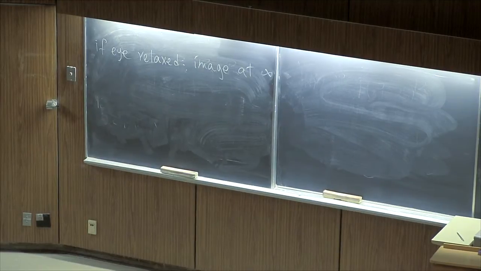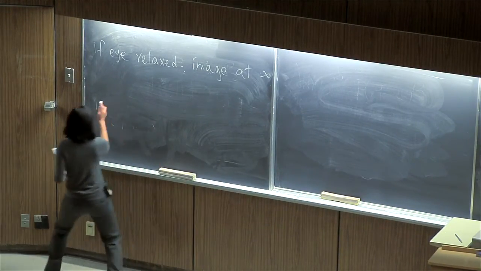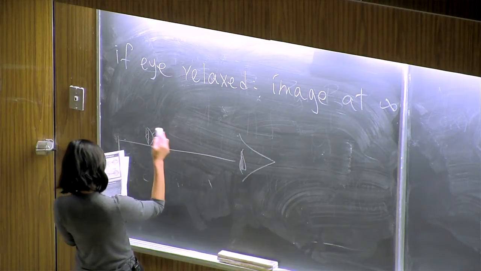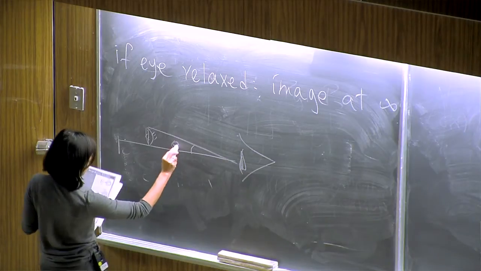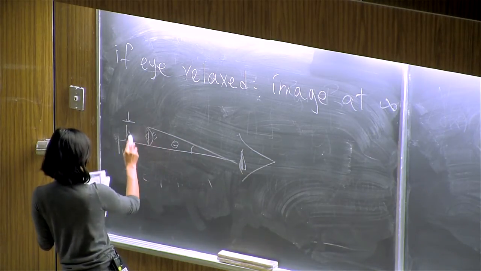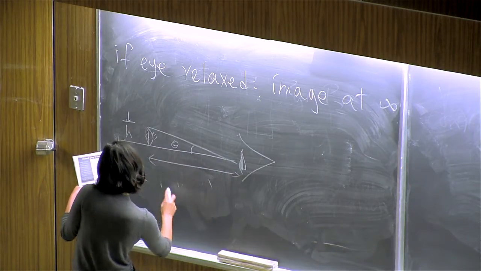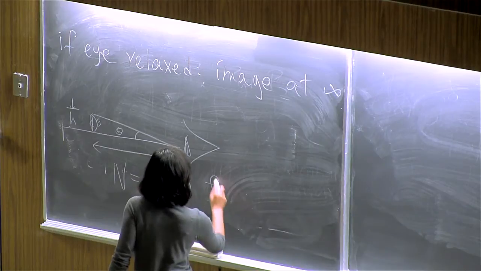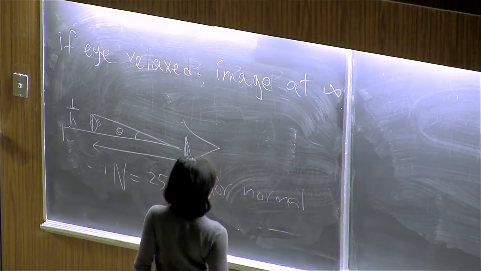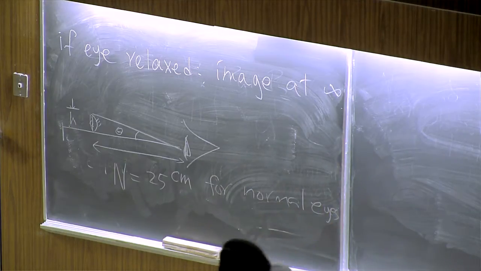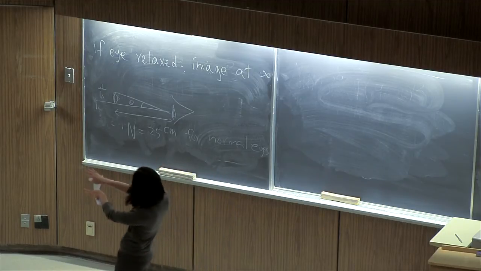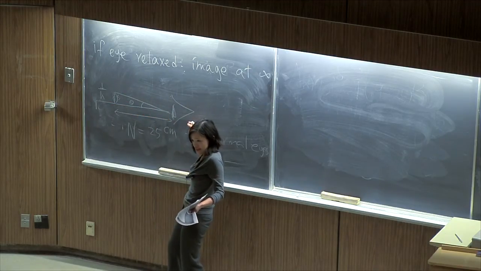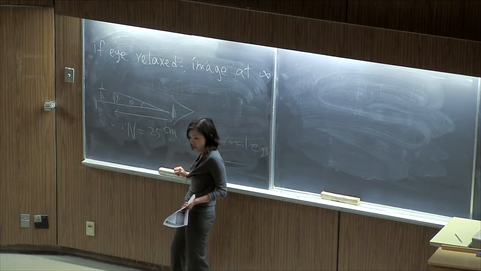All right, but without the magnifying glass, we also have a relation where this angular extension, theta, is given by the height of the object divided by the near point distance n, which is 25 centimeters for normal eyes.